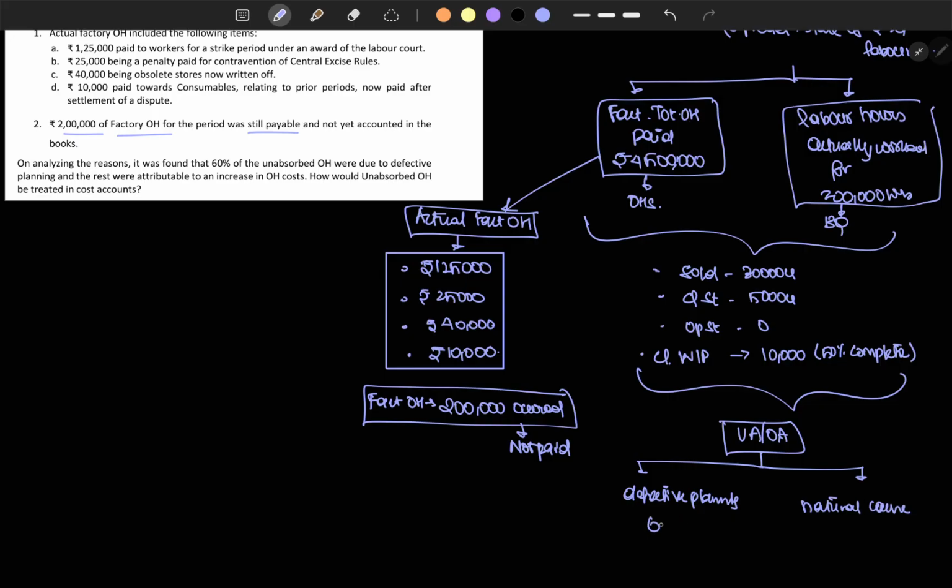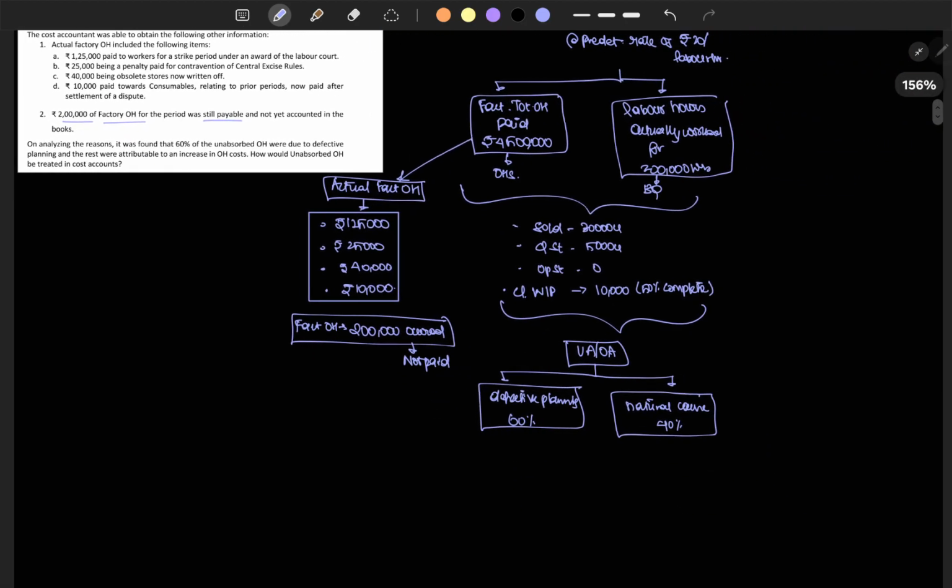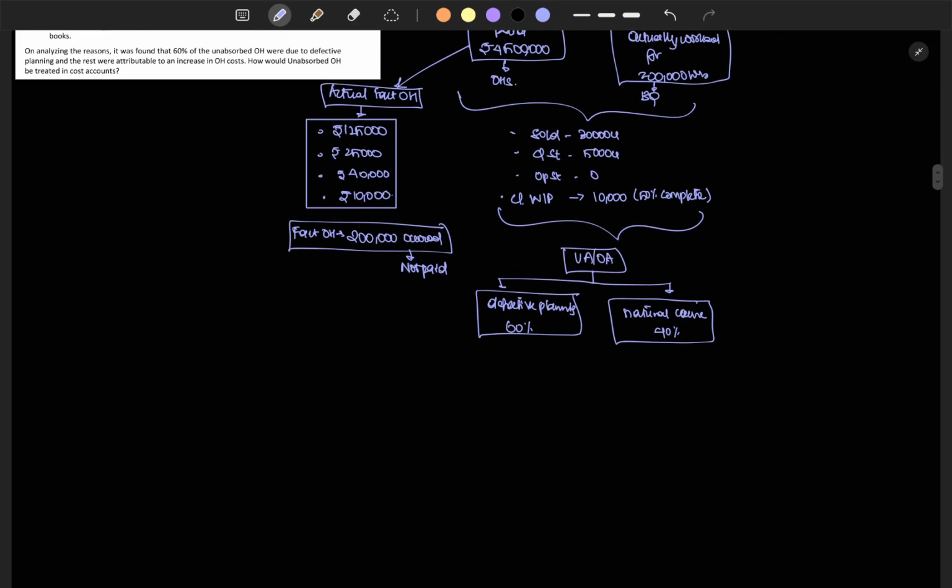So what they have said is 60 percentage of under absorption or over absorption happened due to defective planning, and the 40 percentage happened due to natural cause. So that's what they have said in the question, and what they have asked us to find is how the unabsorbed overhead should be treated in the cost accounts.